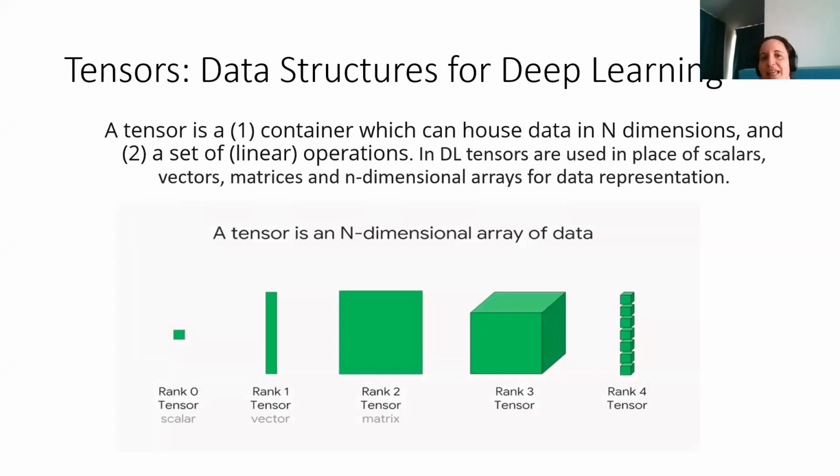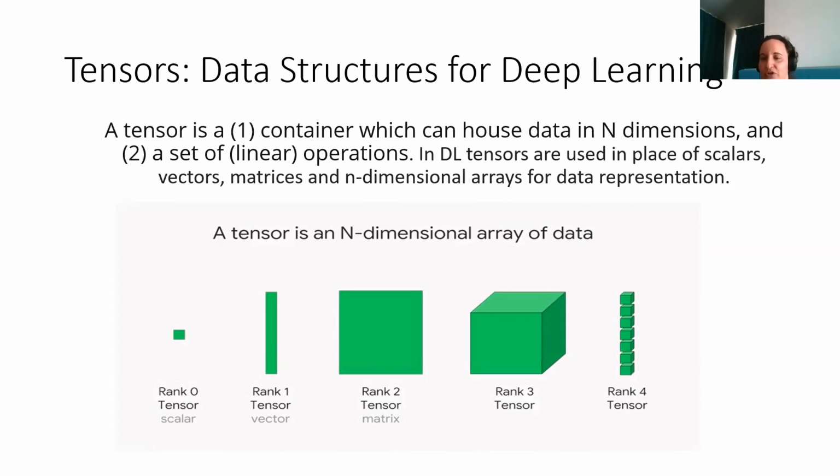Now let's see, as we promised, what is a tensor. The tensor is the main data structure for deep learning. Everything in deep learning is described as a tensor. And what's a tensor? A tensor is a container that can house data in n dimensions. Basically, you can think of it as an n-dimensional array. But as opposed to an n-dimensional array, it also contains a set of usually linear functions.